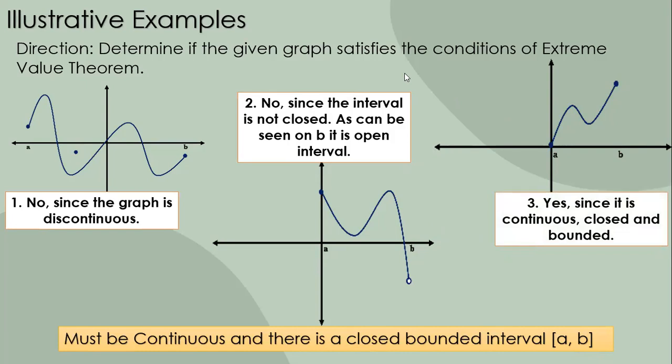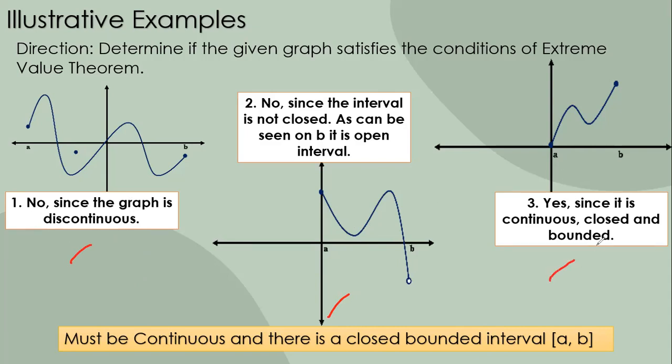Okay, so ano nga bang sinasabi sa extreme value theorem? Kapag na-satisfy daw, okay, pag continuous tapos closed bounded, okay, so meron siyang maximum and minimum. So ito bang una ay may maximum and minimum? So wala, since hindi niya na-satisfy yung extreme value theorem. Number 2, wala rin, okay, since again, it does not satisfy the extreme value theorem.